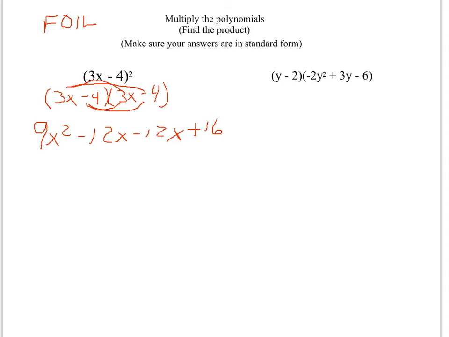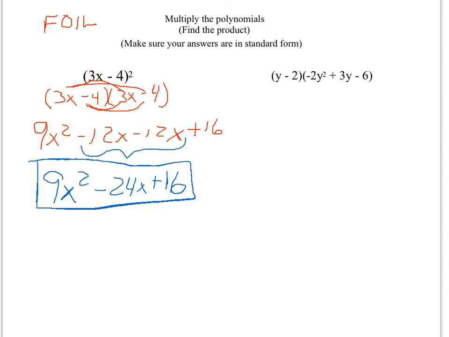So now we want to go ahead and combine like terms if it's at all possible, which it is here. So we have 9x squared. Combining those two middle terms would give us minus 24x plus 16. And there we've found the product. We FOILed. That's it.